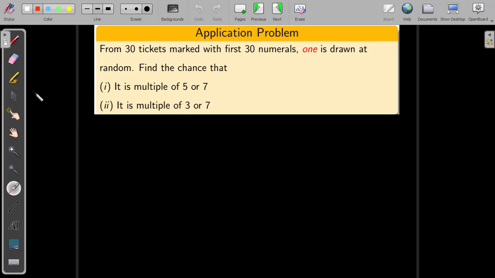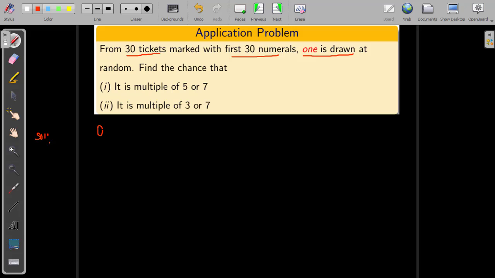The next step, I will start the solution. Just underline: there are 30 tickets marked with the first 30 numerals, and out of 30, one ticket is drawn at random. The solution part is, first I will write the total number of sample points.